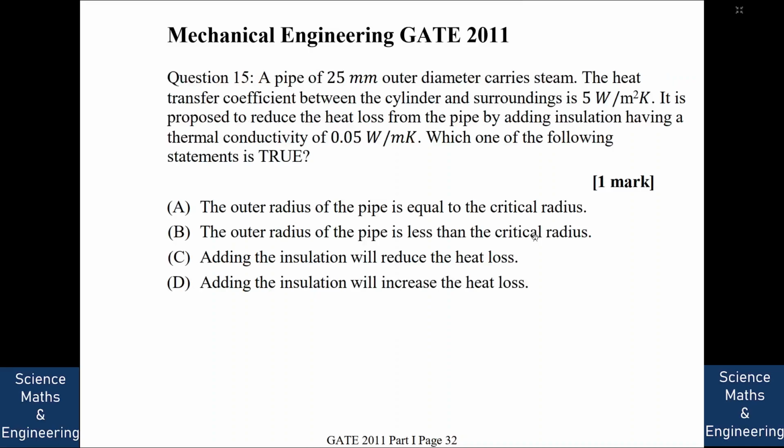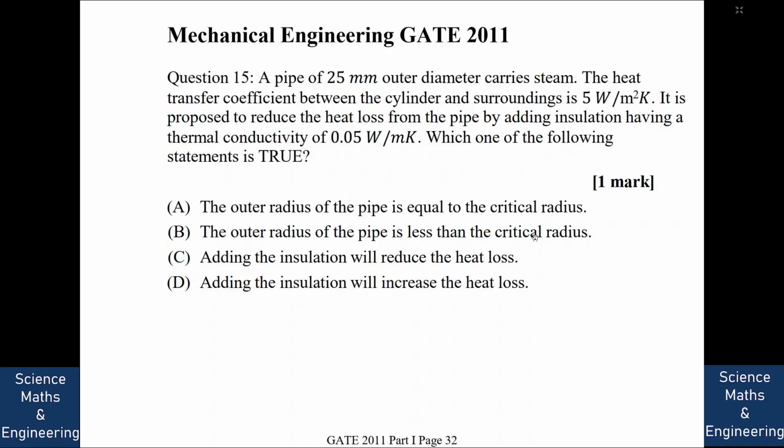A pipe of 25 mm outer diameter carries steam. The heat transfer coefficient between the cylinder and the surroundings, that is h, is 5 watt per meter square Kelvin. It is proposed to reduce the heat loss from the pipe by adding insulation having a thermal conductivity of 0.05 watt per meter Kelvin.